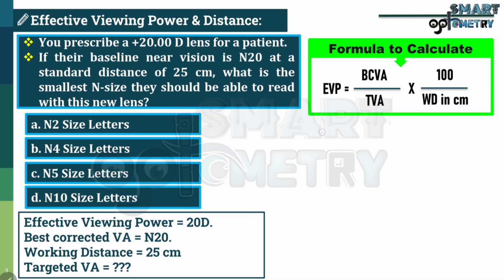EVP, that is 20, equals best corrected visual acuity, that is 20, divided by targeted visual acuity multiplied by 100 divided by working distance, that is 25 centimeter.